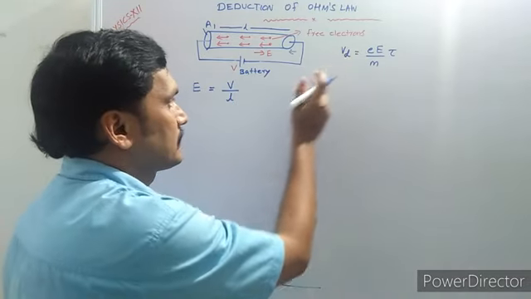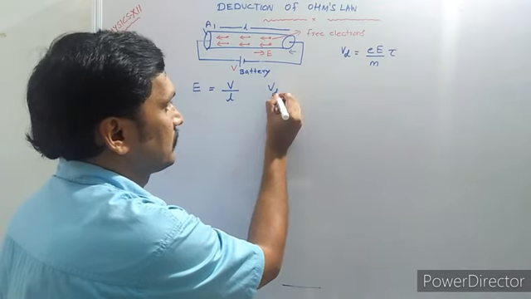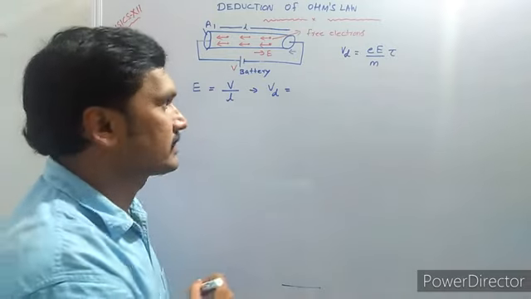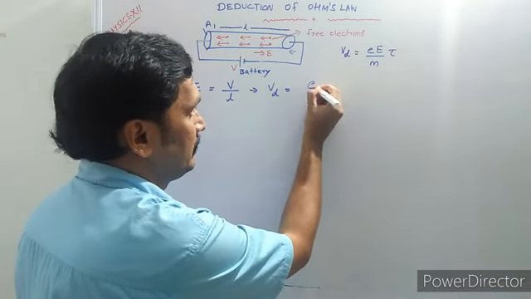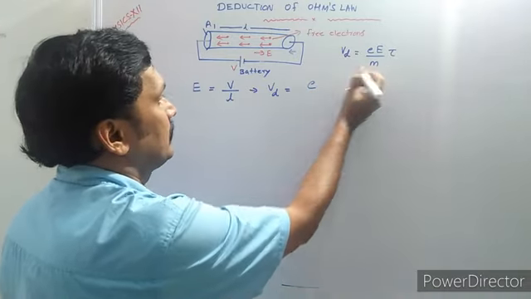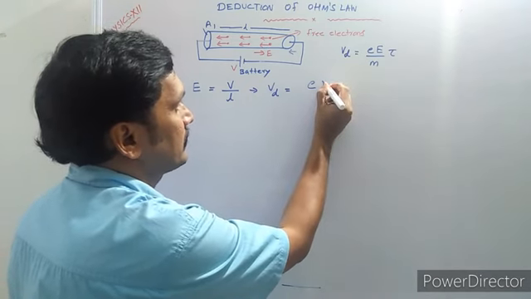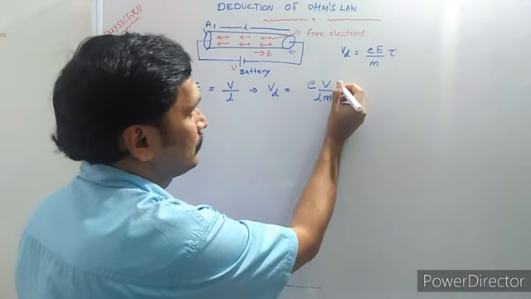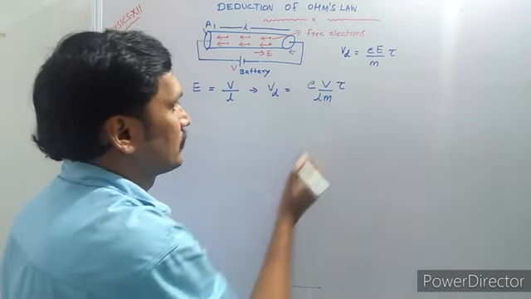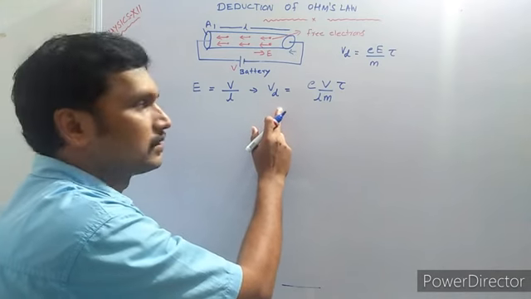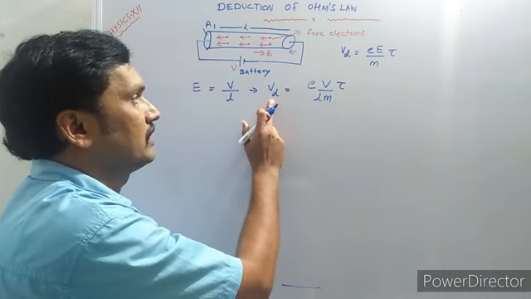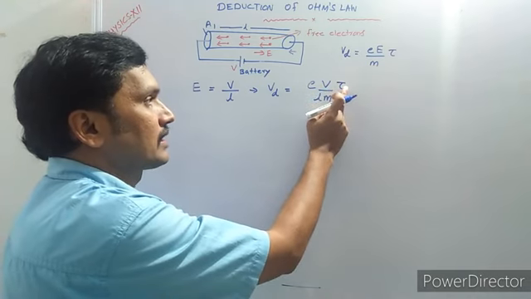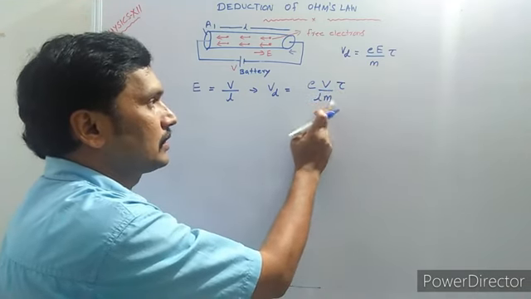So we can rewrite the drift velocity as Vd is equal to E into relaxation time by m, where instead of the electric field we write E equal to V by L. So Vd is equal to e V into relaxation time by L into m.